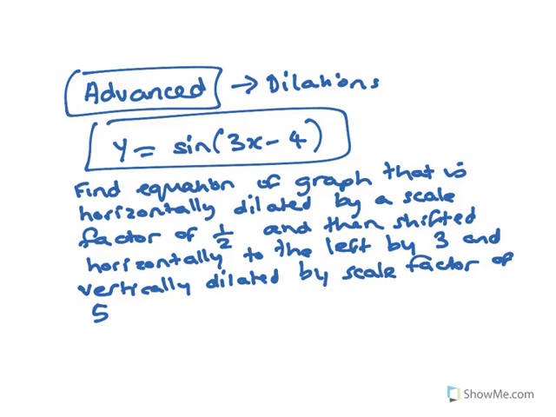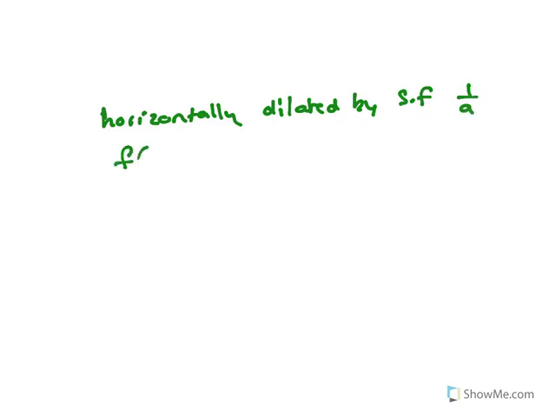Okay, so I just want to talk about dilations. First of all, if something is horizontally dilated by a scale factor of 1 on a, what that means is you need to sub in f of ax into the equation.